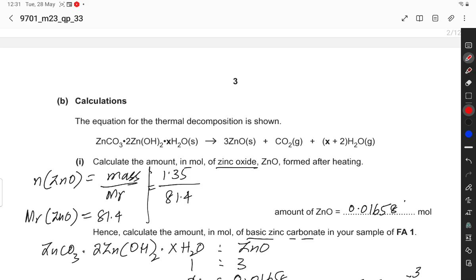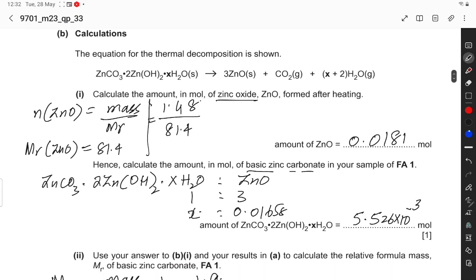If we place 1.48 over here, then 1.48 divided by 81.4 is equal to 0.0181.